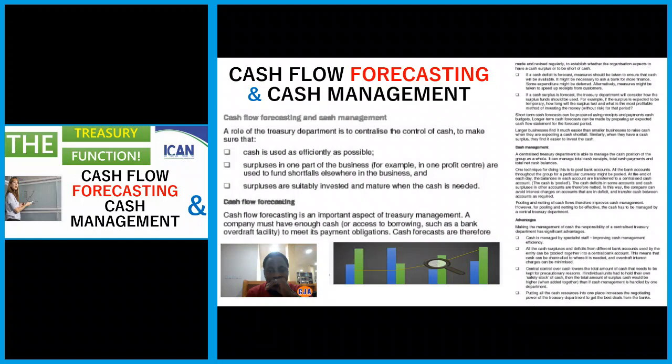It helps us to have a picture of the future of our organization, and it could be deficit and it could be surplus. So cash flow forecasting at the end of the day may have a deficit balance and may project a surplus forecast. Either way, it does not really matter whether we have surplus or deficit.